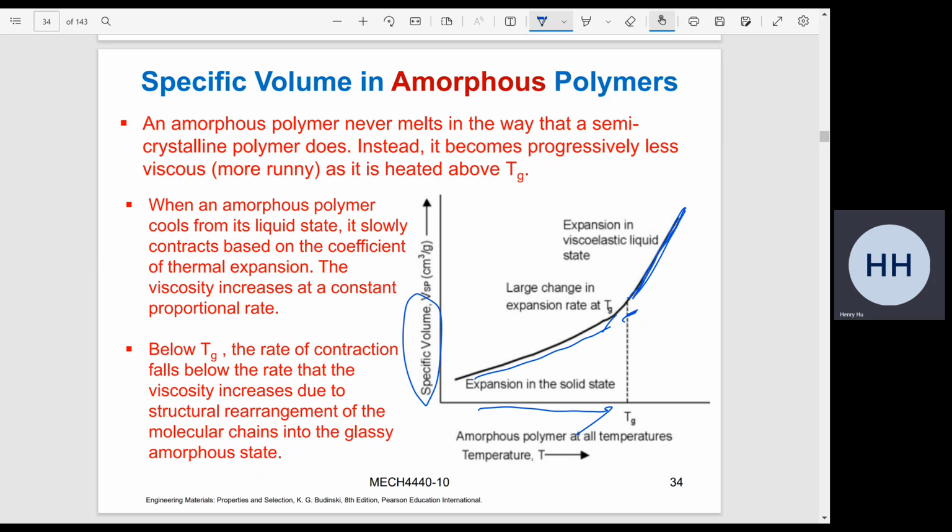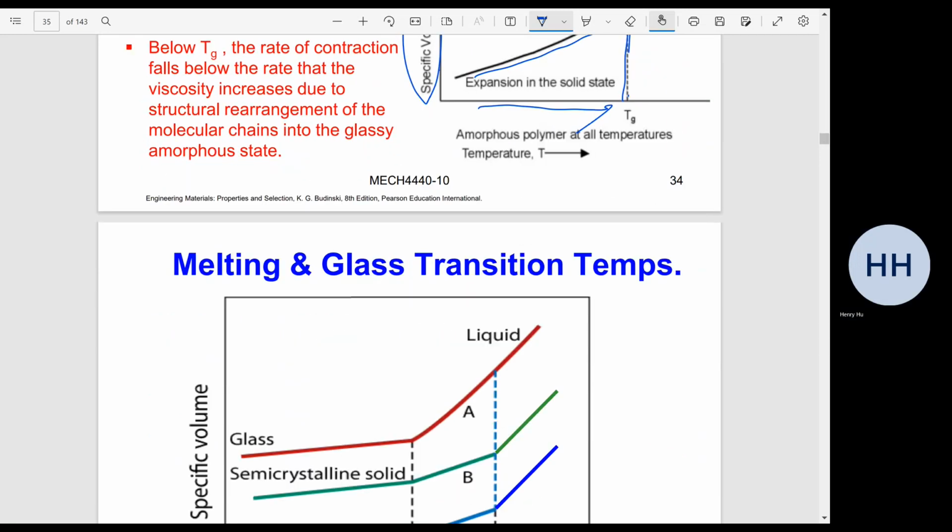Maybe the increasing rate is higher than the crystalline polymer, but you won't have a sharp transition at the glass transition temperature for the volume change of the amorphous polymer.